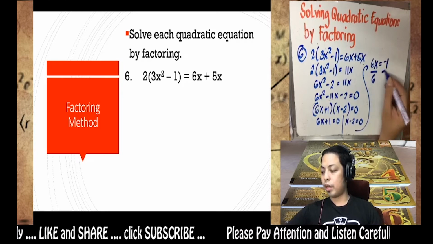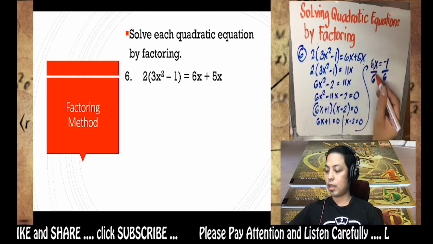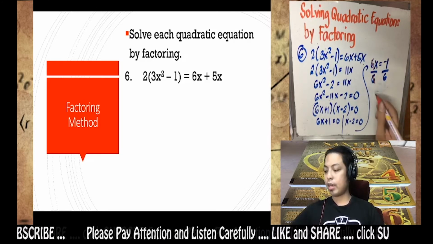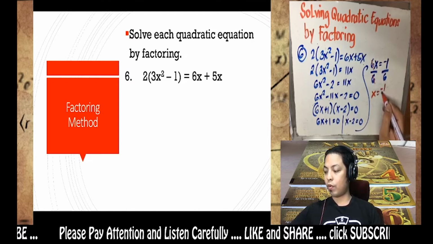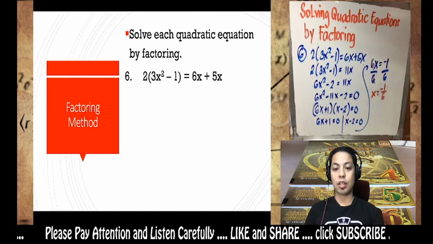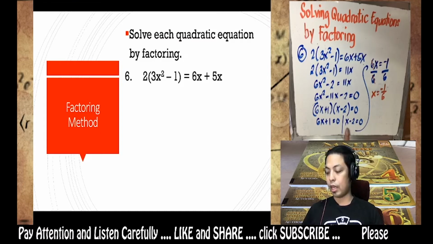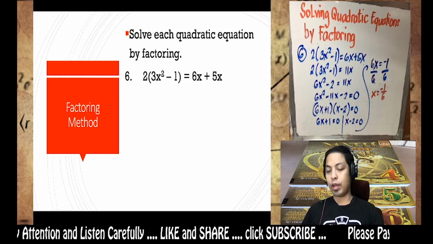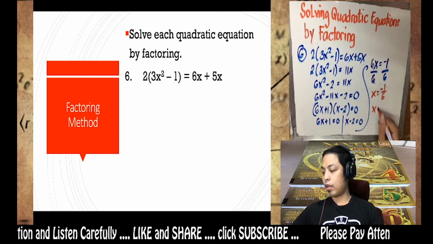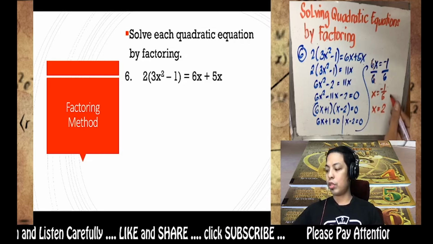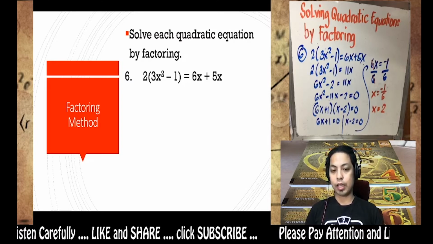Divide both sides by 6, the 6s cancel. x equals negative 1 over 6. That is your first root. For the second root, move negative 2 to the other side, so x equals 2. These are the two roots of number 6.